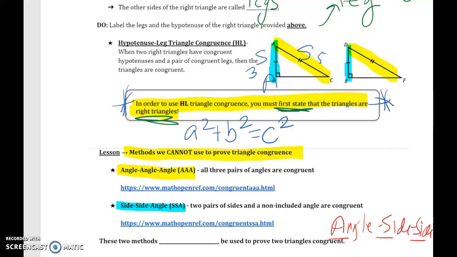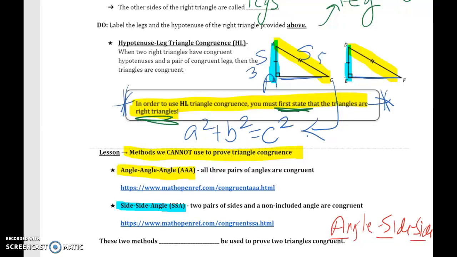So right triangles are special. We only need the hypotenuse and a side, or what we call a leg, because it must satisfy the Pythagorean theorem, meaning that BC and EF have to have a particular relationship. So angle, side, side, or side, side, angle, is not a valid method to use for triangles.